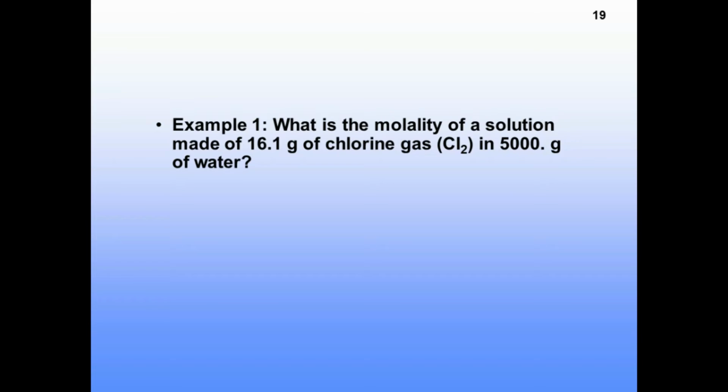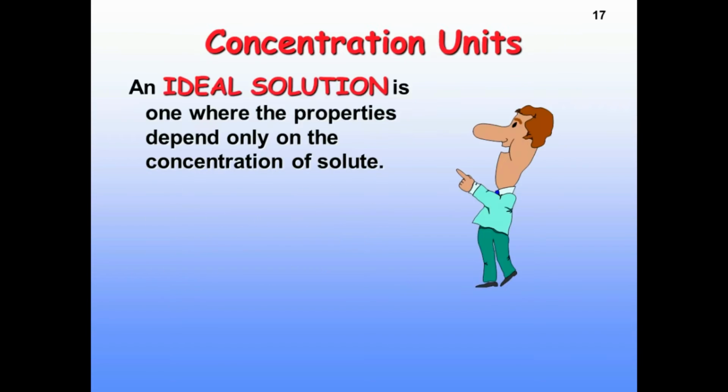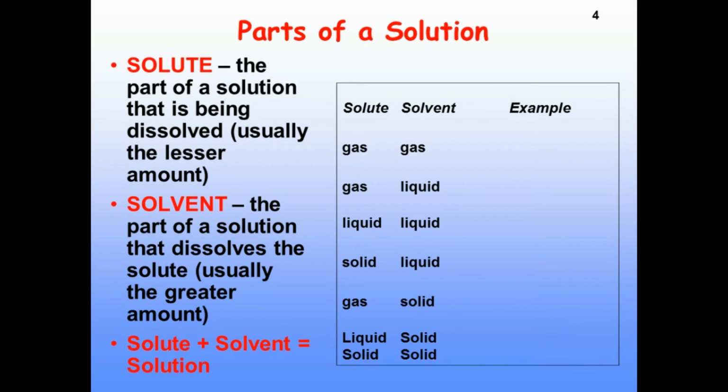Well, again, let's go back to the beginning. Rewind time. Okay, right here, this slide. Solute, the part of a solution that is being dissolved, usually the lesser amount. Which one's lesser? 16 grams.